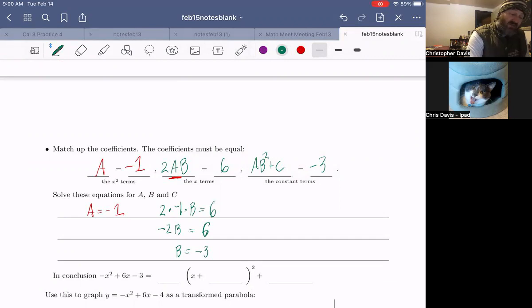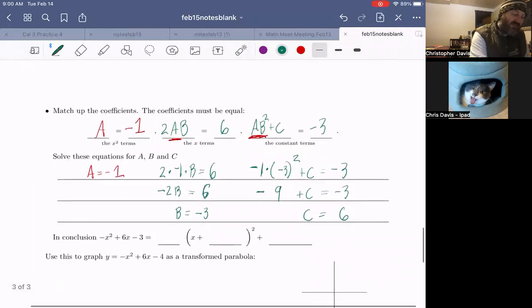That means I know ab squared. So this last term becomes a is -1 times b is -3 squared plus c equals -3. So writing that out, -3 squared is 9, multiply it by -1, that becomes -9, plus c equals -3, add 9 to the other side, c equals 6.